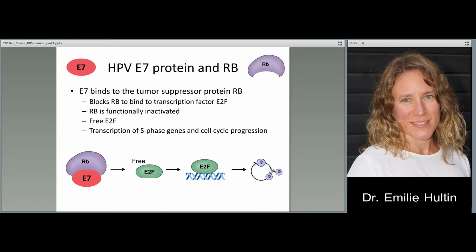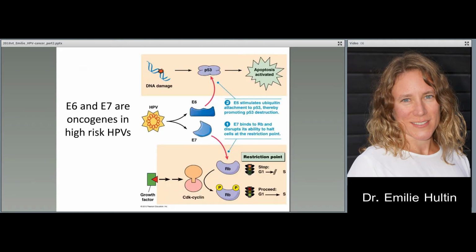So when E7 is expressed in the cell, it binds to the RB protein and RB is inactivated. So we will have free transcription factor E2F in the cells. And that leads to the S-phase genes being transcribed and the cell cycle progressing.